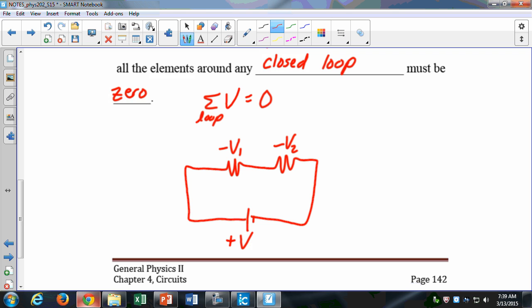So what I would see was that V minus V1 minus V2, that's all equal to 0 when I add up the sum of those. We'll have some guidelines about what are the potentials across resistors and across batteries, whether they're positive or negative. All right, that's called the loop rule. We've already seen that, as I said, with series circuits.